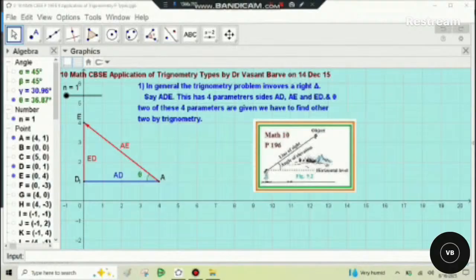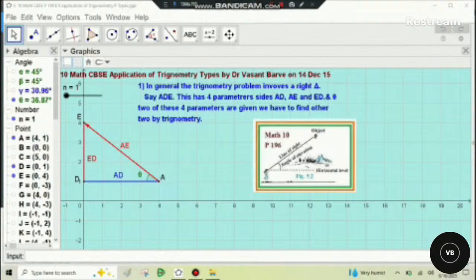Let us imagine that some boy or girl is standing here, exactly below the kite.